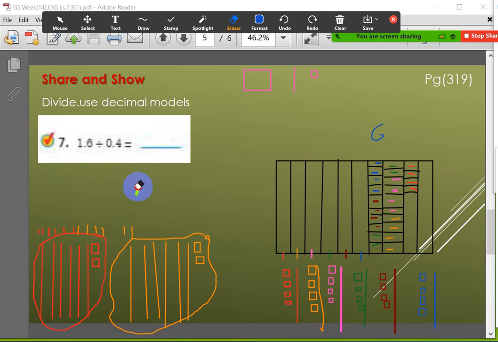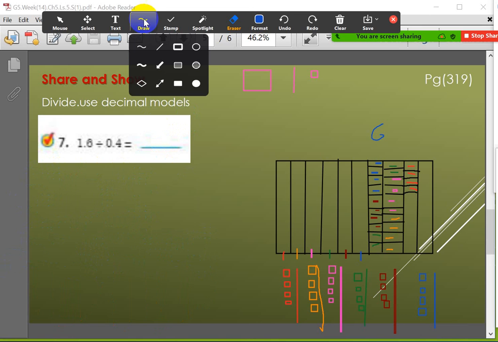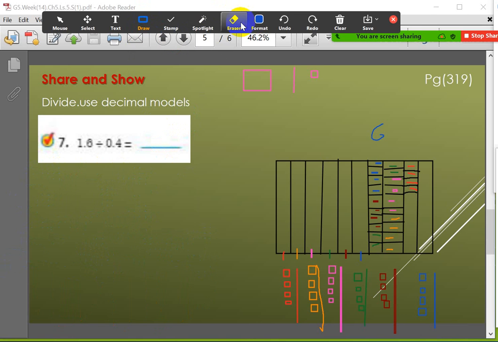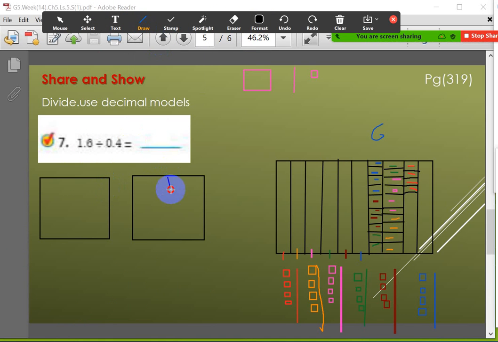Number 7, I want to divide 1.6 by 0.4. Let's draw the model that represents 1.6, a whole and 6 longs. 1, 2 and 3. 1, 2, 3, 4, 5 and 6.